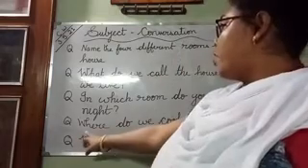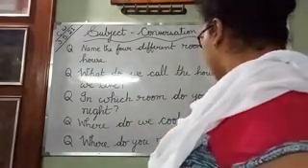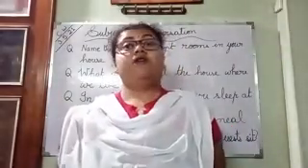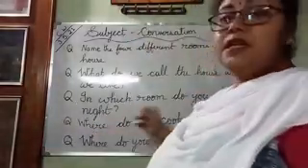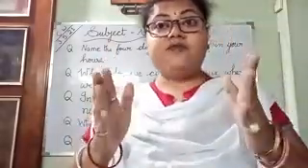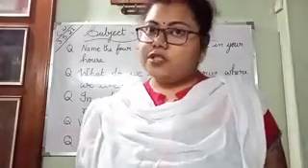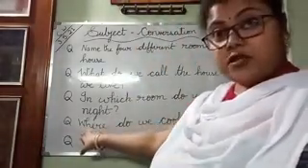Next. Where do we cook our meal? Means your mother cooks something for you every day. Where she cooks? Okay. So meal means food. Meal means that food item which you are going to take for your lunch or dinner, or breakfast also.